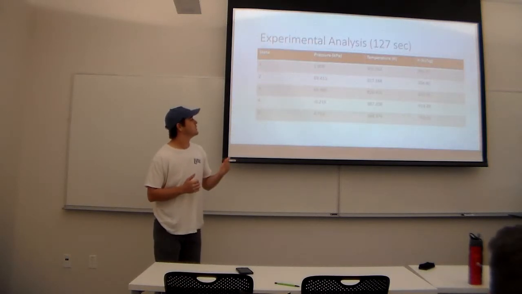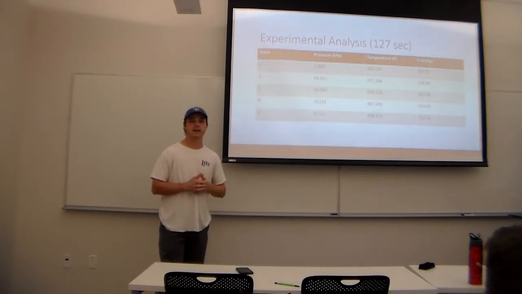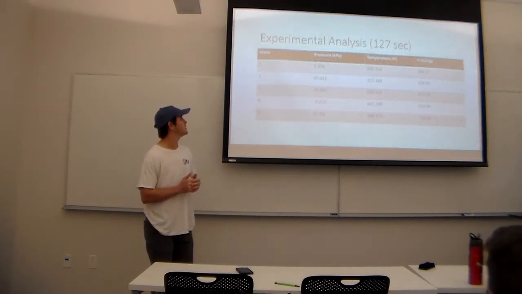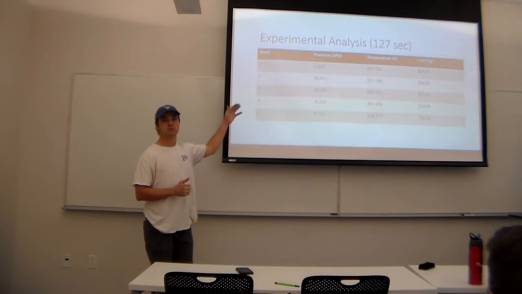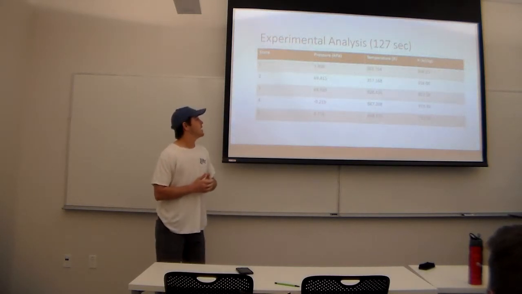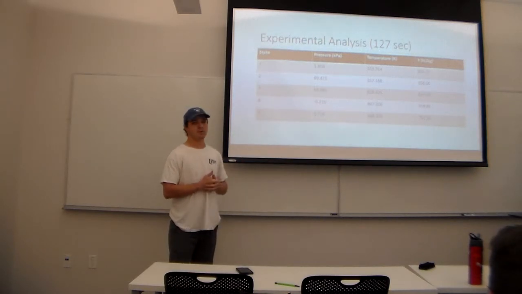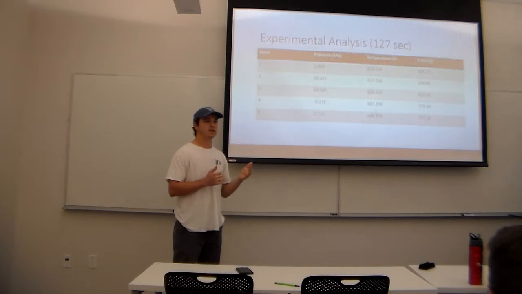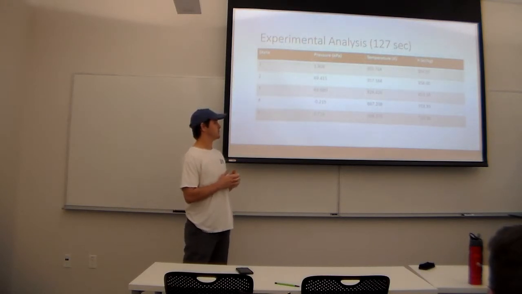So around 127 seconds during the test, I found the temperatures of each state, which was your Type K thermocouples throughout the system. And then I found the entropy values from a thermodynamic textbook to generate my work, energy absorbed in the, so next slide.